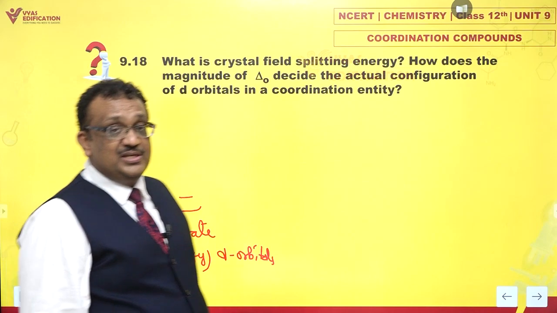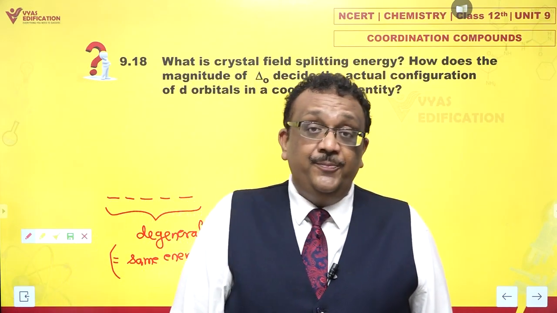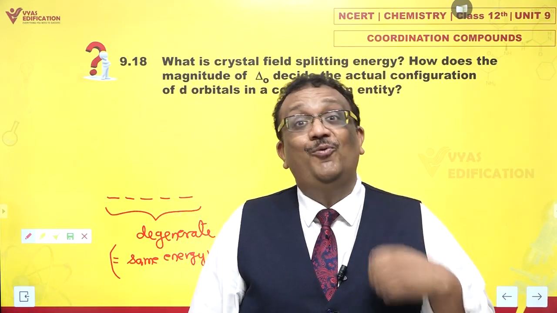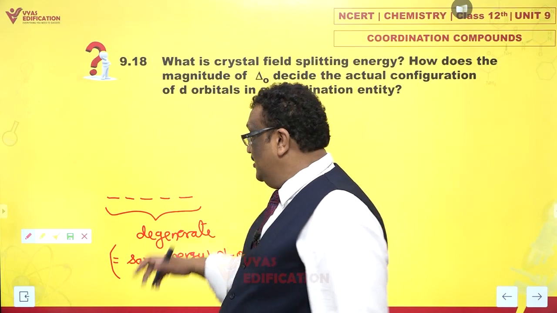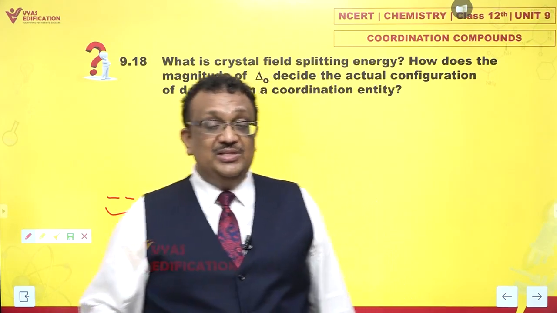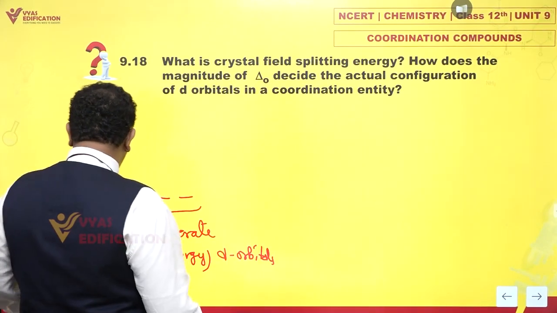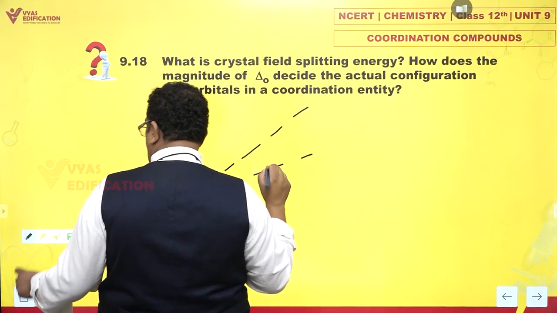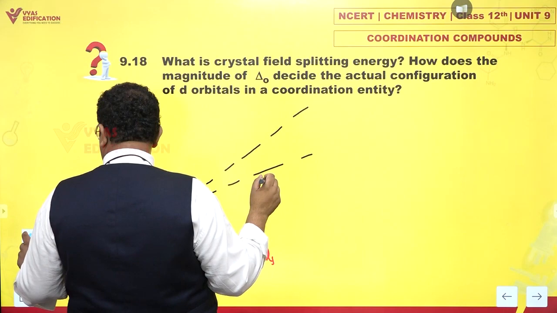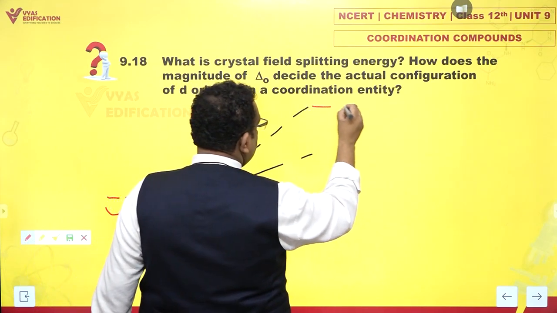All the 5 d orbitals are by default degenerate, but when they form complexes, when ligands come and combine, suddenly there is a division. These energies are no longer degenerate. Depending upon the geometry of the molecule, they are affected in different ways.